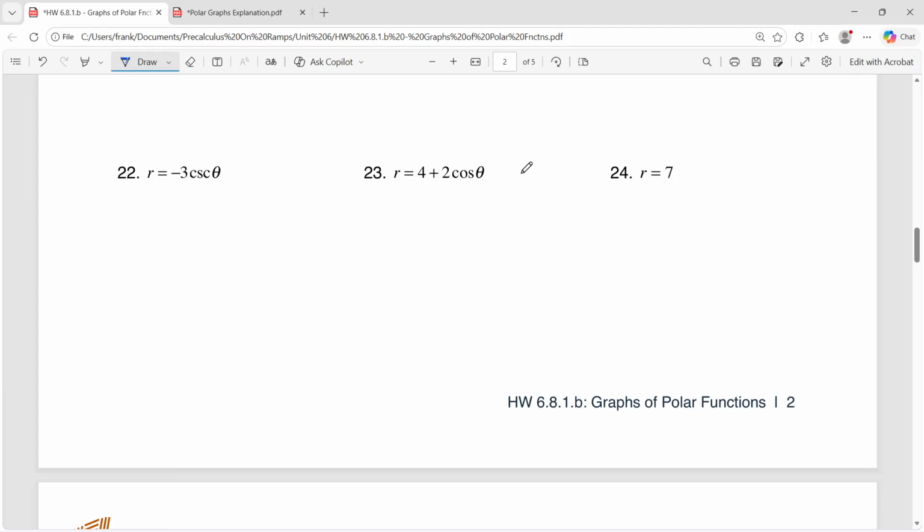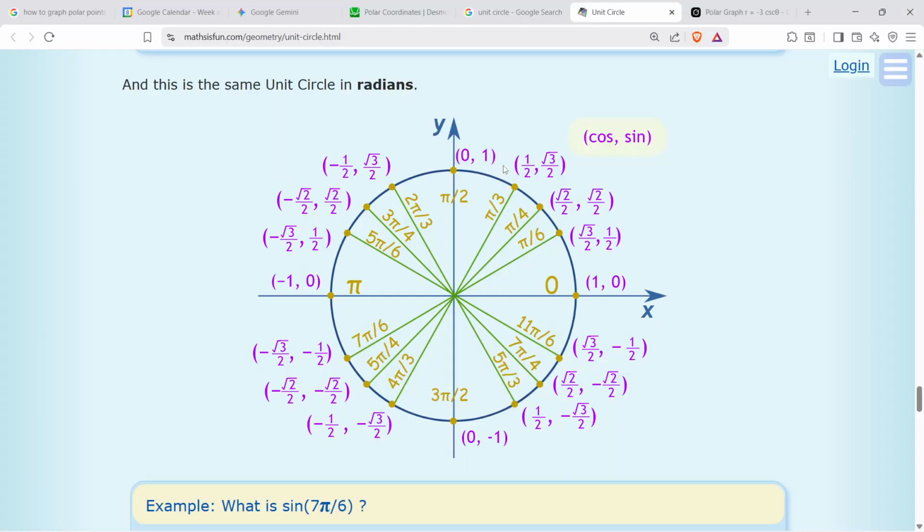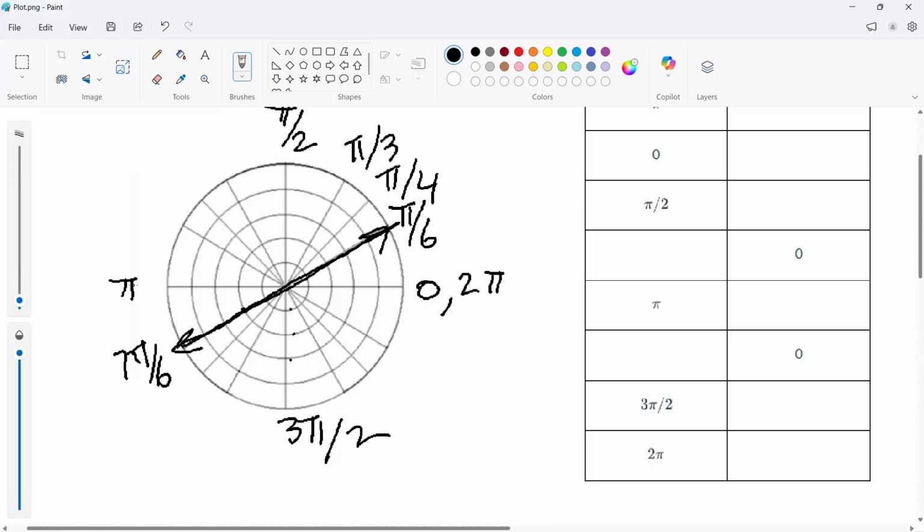Negative 3 cosecant. Well, a cosecant or a secant will be a straight line. And if it's negative 3, it'll be below the, what I would call the x-axis, the horizontal axis there. So it's 3. Let me get rid of that one.